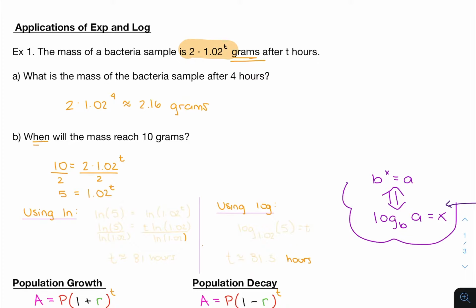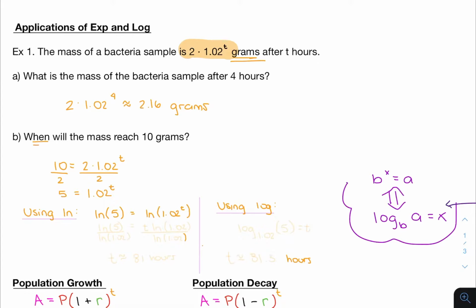Personally, I like to use ln better when solving equations like this, but I'll show you both in this case. I'm going to do the ln case first. If we use ln, we take the ln of both sides. So we take the ln of 5 and also the ln of 1.02 to the t power.